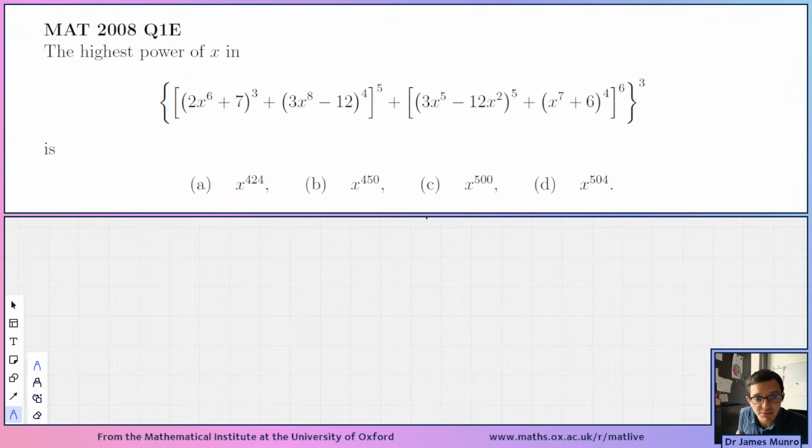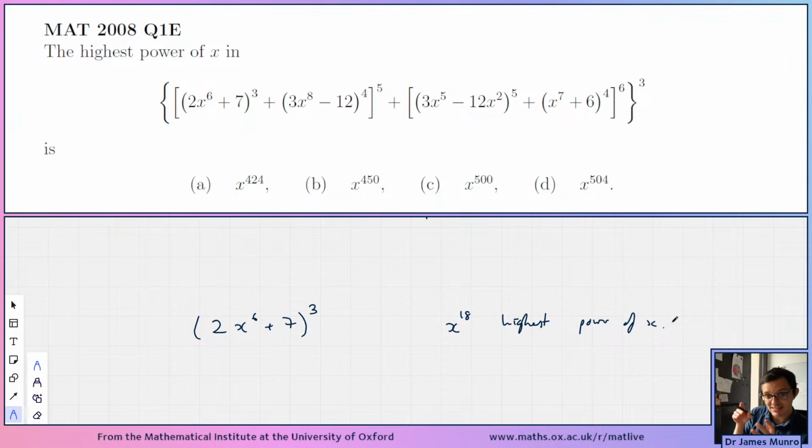People have looked for the highest power by imagining what would happen. So if you see 2x to the 6 plus 7, all to the power of 3, you don't need to multiply out all of the terms to know that you're going to get a term with x to the power of 18 as the highest power of x.